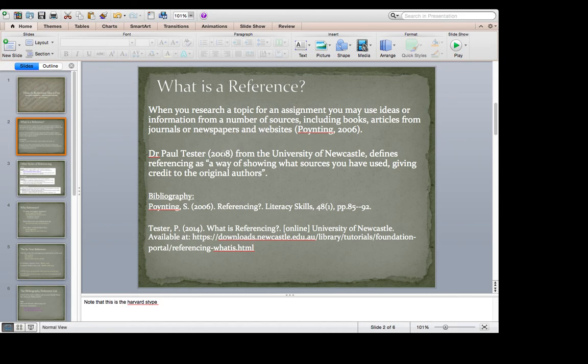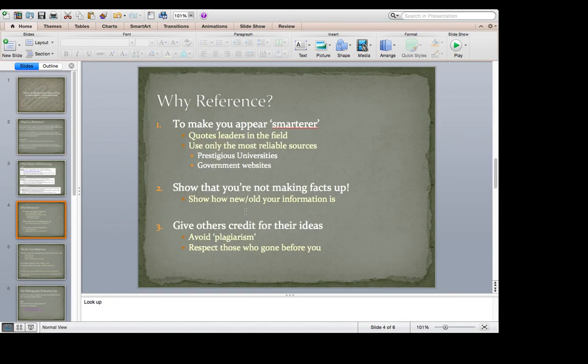This one's 2008. Well, not so dated, but it depends on what you're talking about. If you're talking about medical advances, then something in 2006 might be a little bit old. But if you're talking about history, then something from 2006, that's pretty good. And finally, it gives others credit for their ideas, avoids plagiarism, and it respects those who've gone before you.